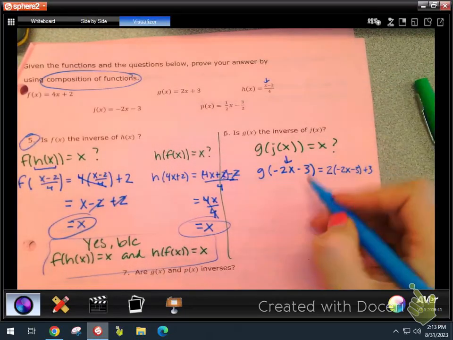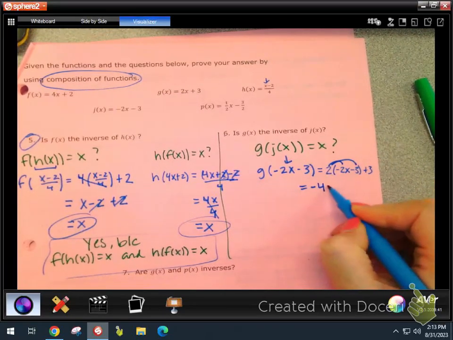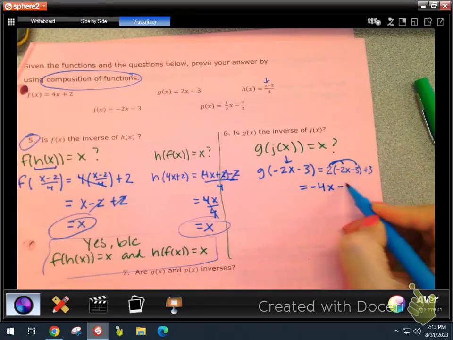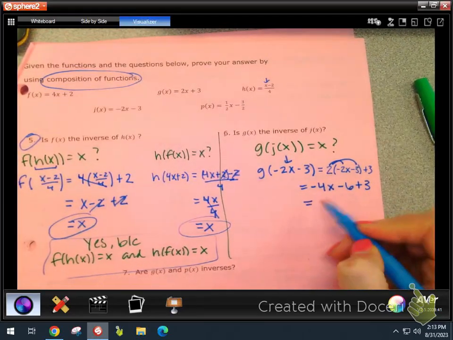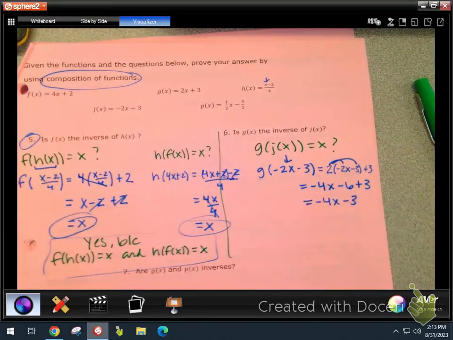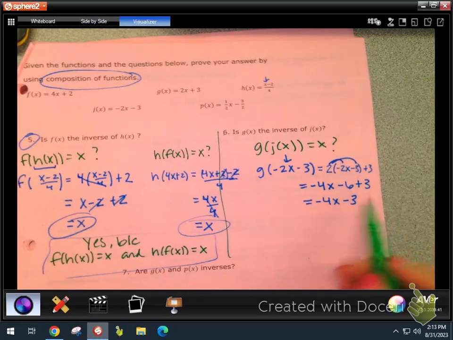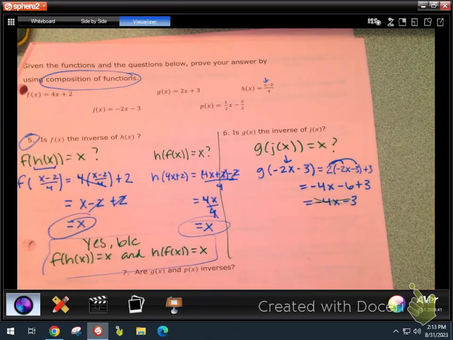When I distribute that through, this is going to become negative 4x minus 6 plus 3. What does that simplify to be? Is that what I need? No. So what do I know right now? They're not inverses. They're not inverses. If you get one no, you don't need to go check the other side.